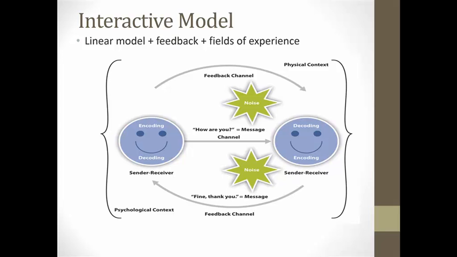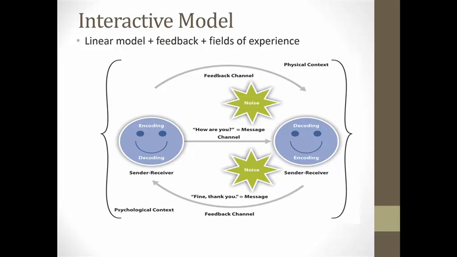The interactive model said, okay, all of those things still happen, but what also happens is that when we send a message, the receiver sends a message back. And so a sender becomes a receiver, and a receiver becomes a sender. And it's this ping-ponging of messages back and forth.